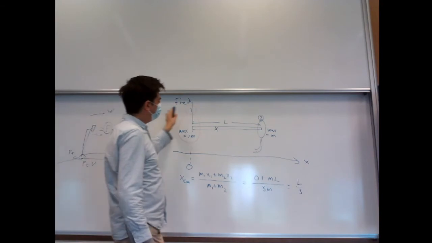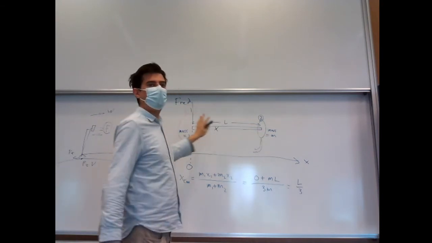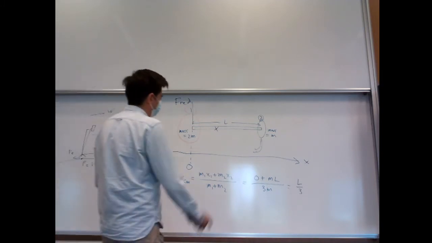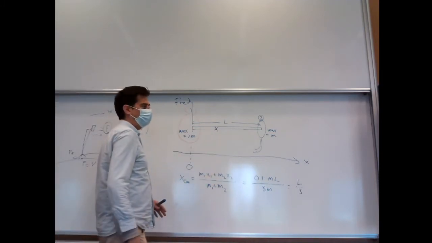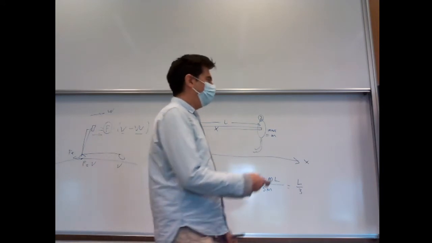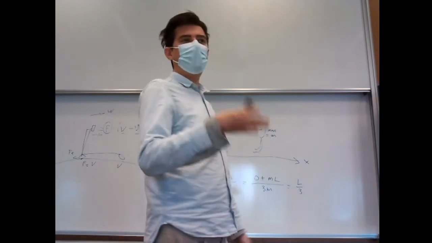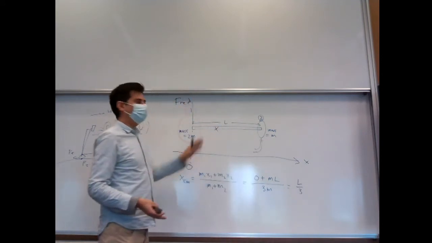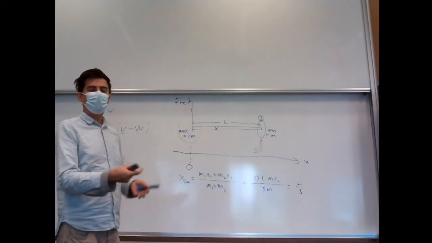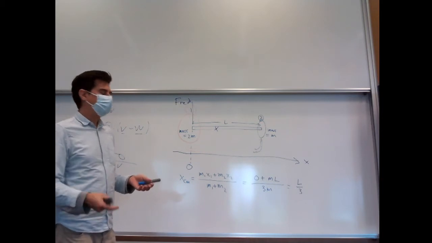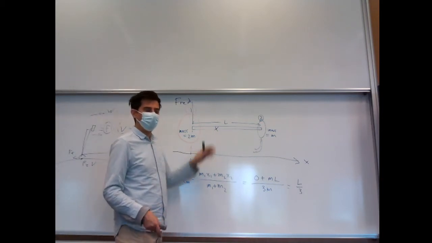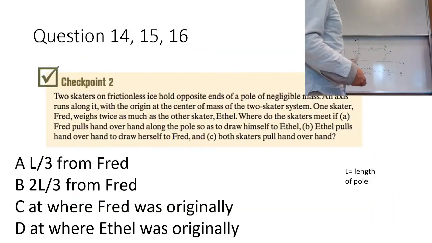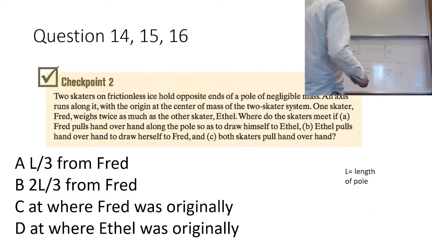So the total force on this combined system is 0, and they're stationary, and what F equals ma will tell you is that the acceleration is 0. And if the acceleration is 0, and they're stationary, then whatever happens, the center of mass is not going to change, right?